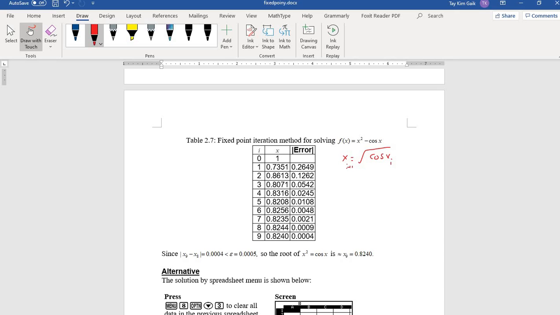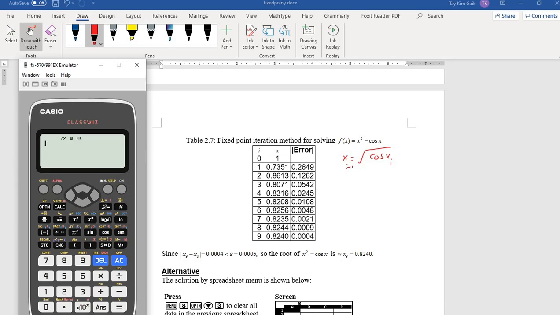Our x naught is 1. So I'm going to key this formula into your calculator. Alpha x for the variable, the red color variables A, B, C, D, E, F, X, Y, n. We need to press the alpha button. Then I want the equal sign, alpha calc, and the square root of cos, alpha x.